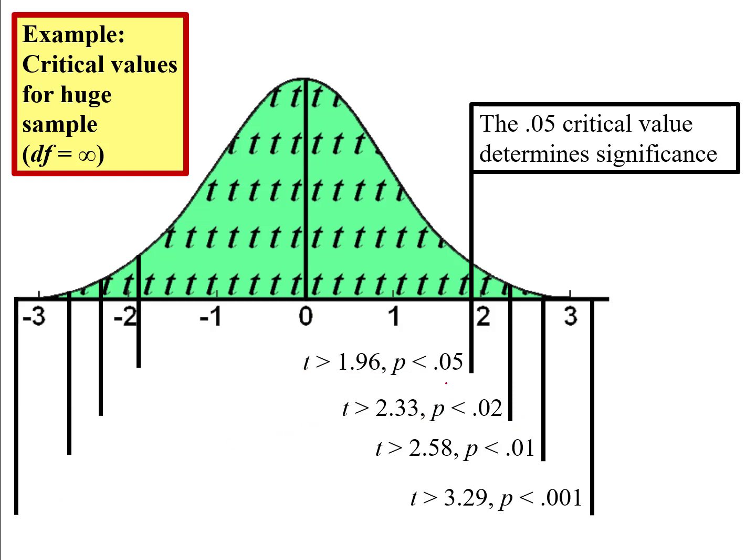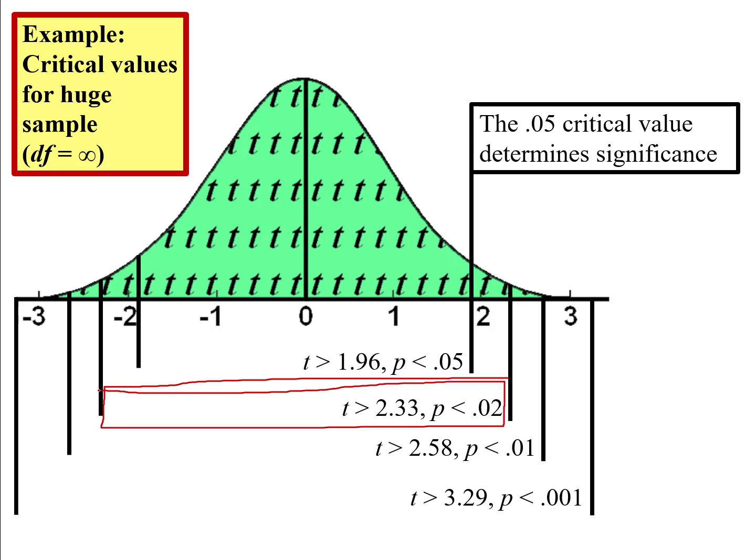And so that means that 98% of the time, t-values will fall plus or minus 2.33 standard errors from the true population parameter, and 2% of the time they will be more extreme. In other words, 2% of studies will produce t-values more extreme than 2.33, and 98% of studies will produce t-values that are less extreme. So that's how we can understand critical values for a t-test.